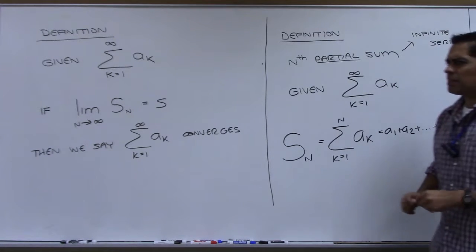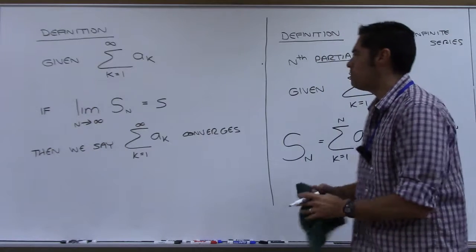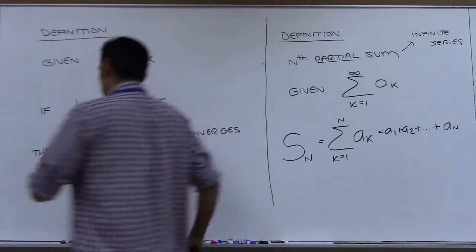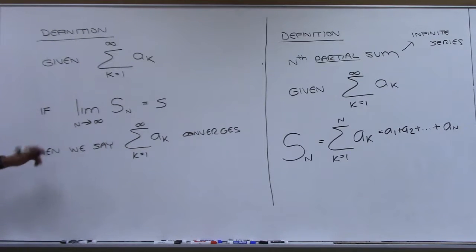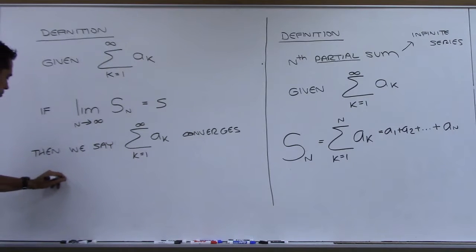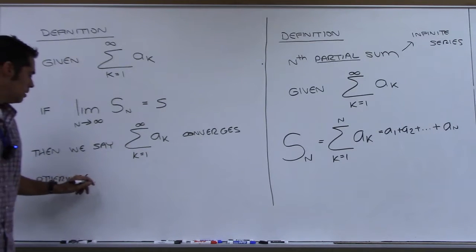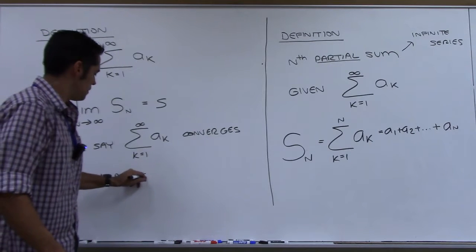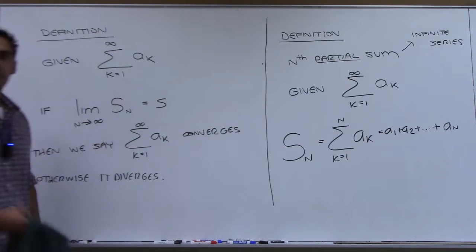This is a confusing concept for a lot of people, so let me try and illustrate this with a picture. Let me also put here, otherwise we say it diverges.